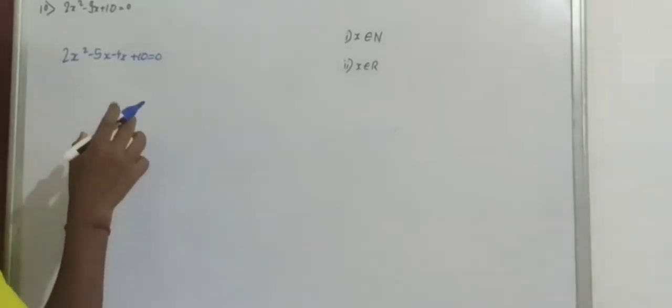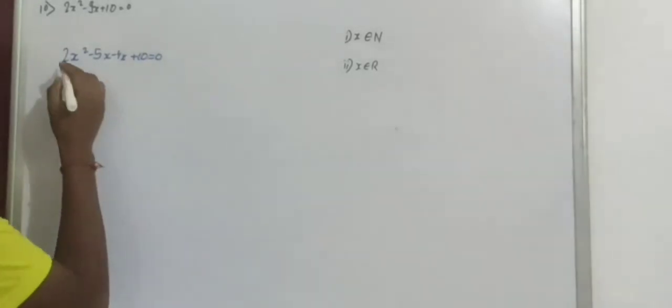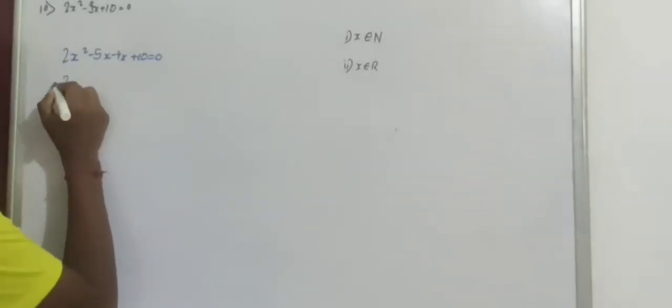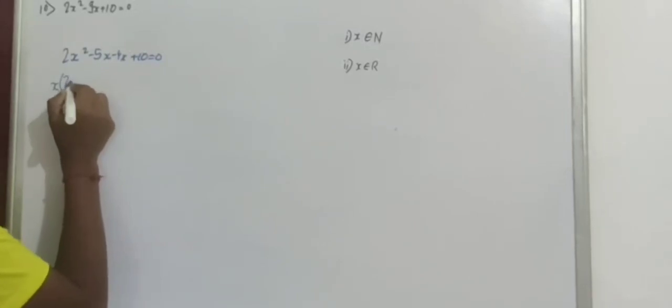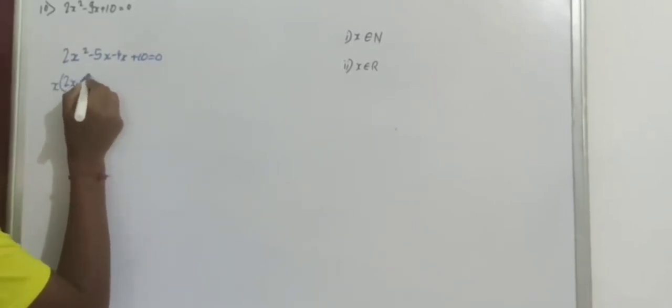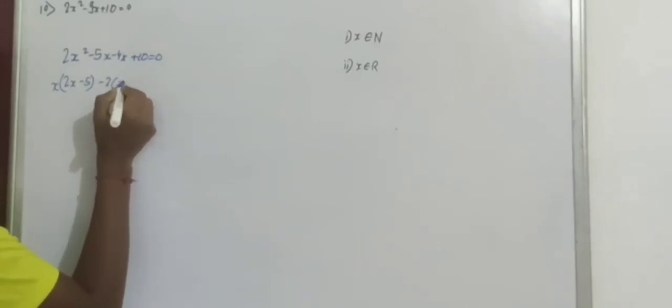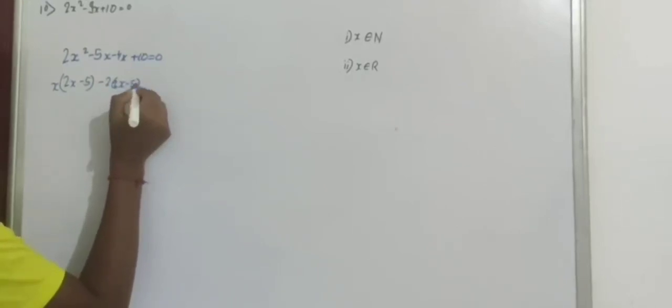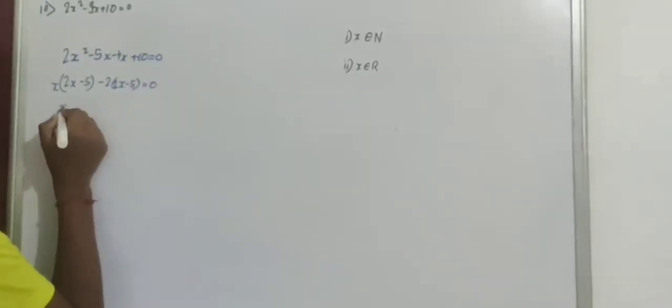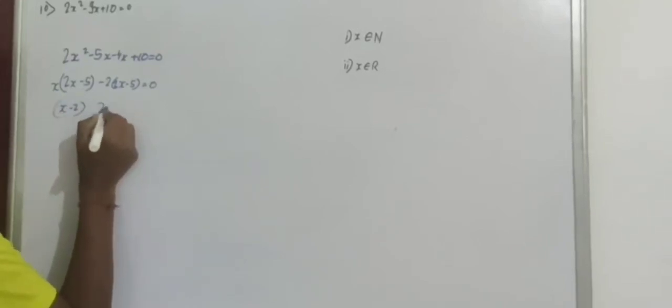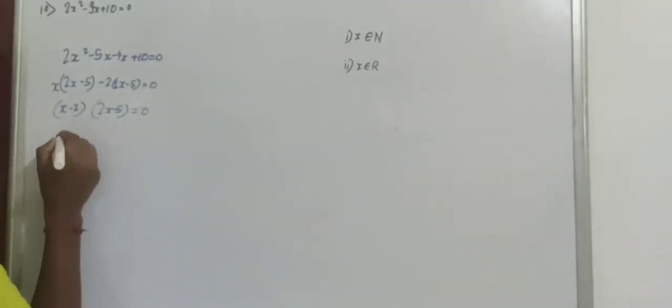Now solve this, factorize by grouping it. So x will be out: x into 2x minus 5, minus 2 will be out: 2x minus 5, it will be 0. So x minus 2 and 2x minus 5 are the two terms.